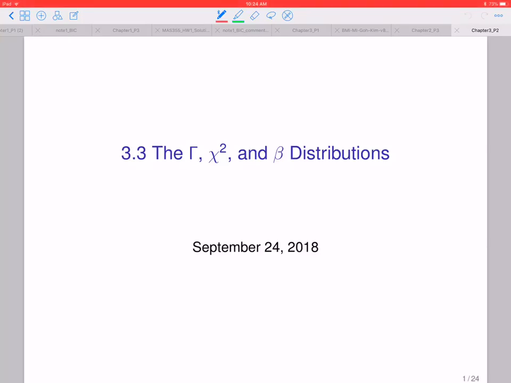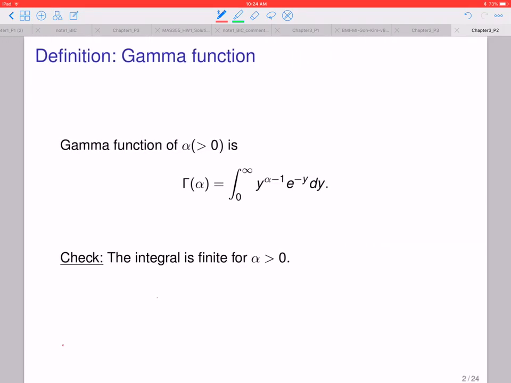Okay, today we'll study gamma distribution, chi-square distribution, and beta distribution. So the gamma function is first defined.